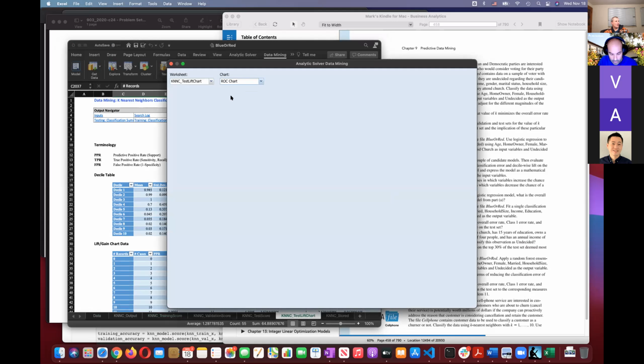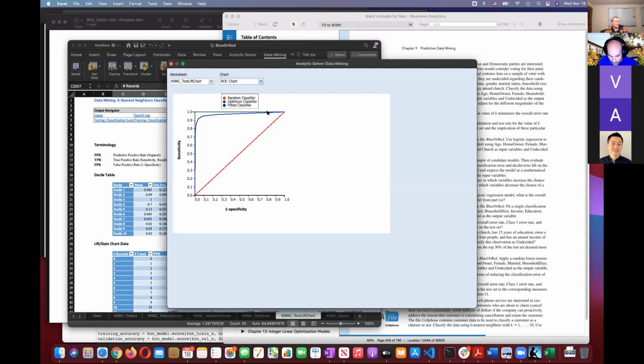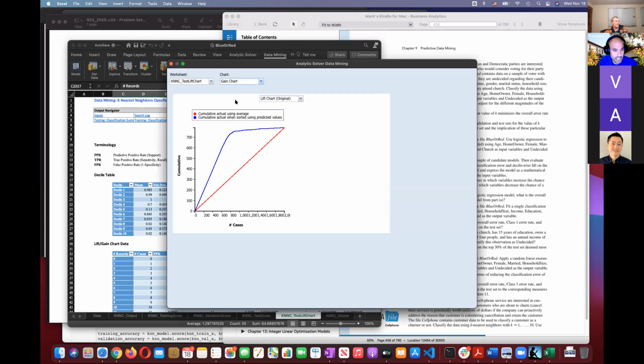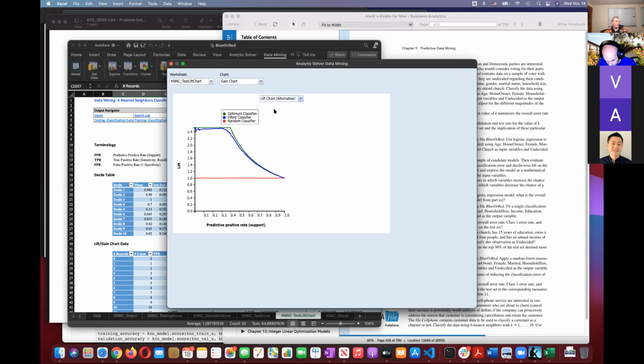We look at our ROC chart. Ooh. That looks good though. Yeah, that looks very nice. And then this is the lift chart, cumulative versus total number of cases. So looks good.